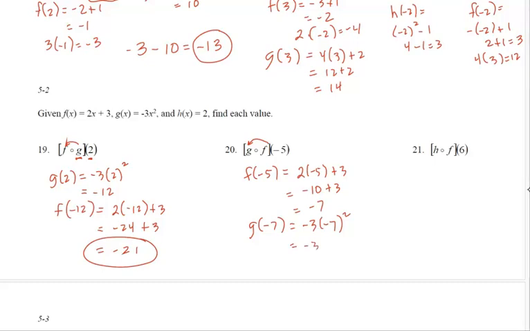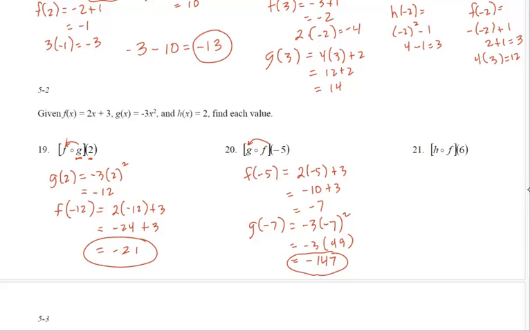Okay, so negative 7 squared is 49. So don't forget to do powers before you multiply, just following PEMDAS. And negative 3 times 49 is negative 147.